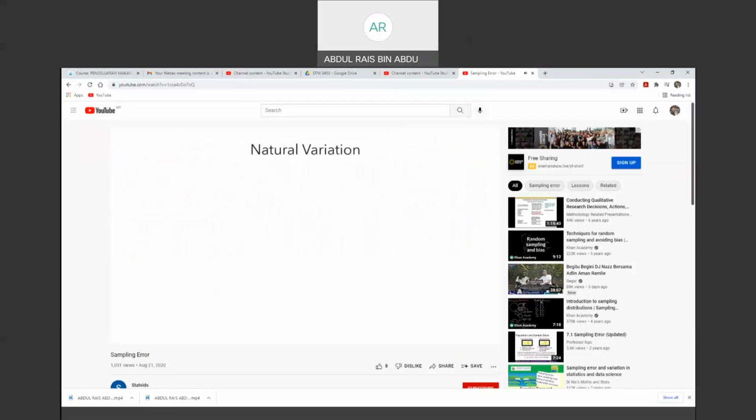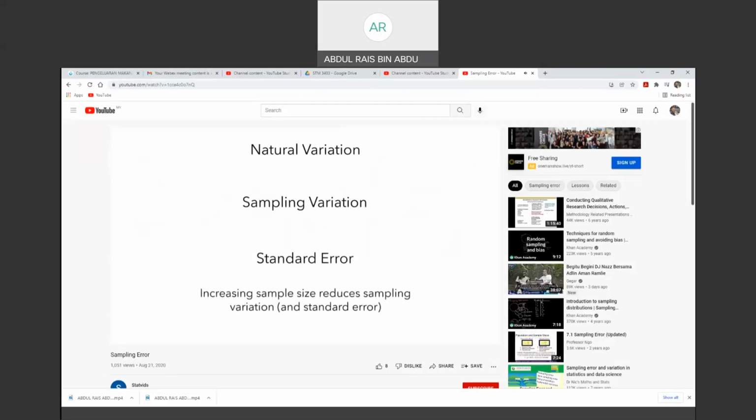We looked at the concept of natural variation among individuals in a population and saw how the combination of natural variation and sampling produced sampling variation. Sampling variation is measured by standard error. And finally, we saw how increasing the sample size reduces sampling variation, and thus the standard error.